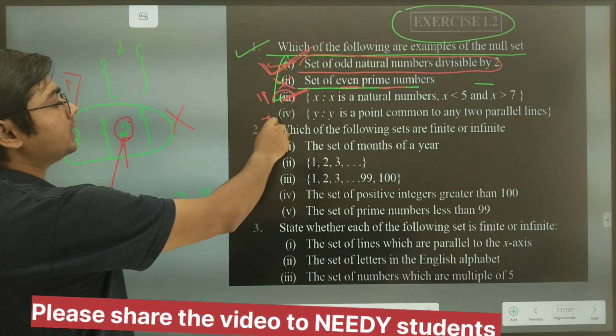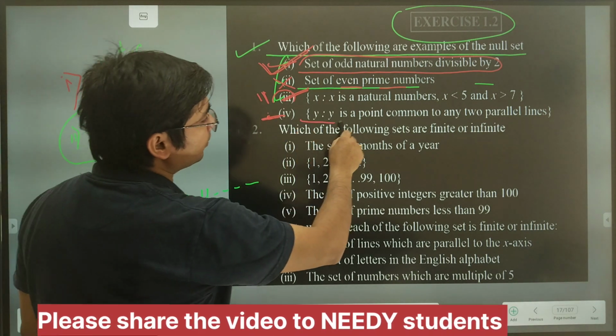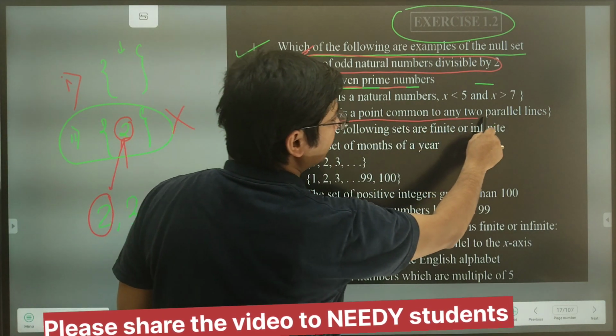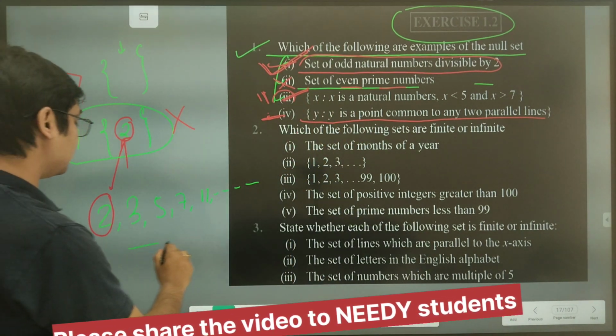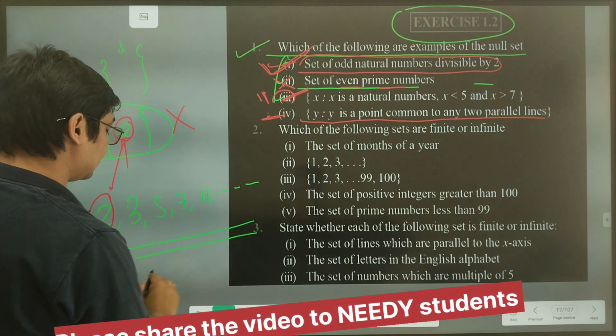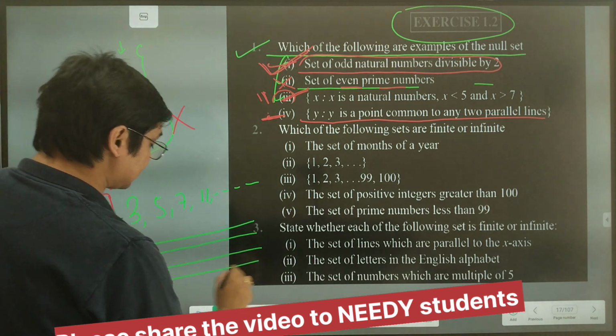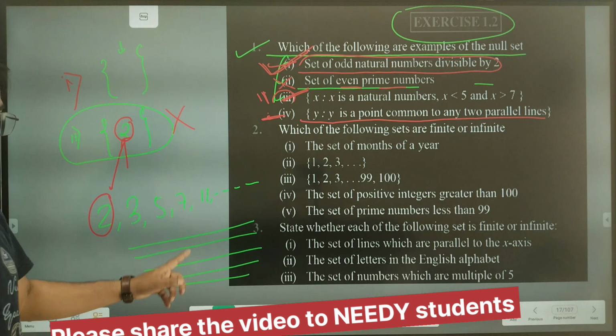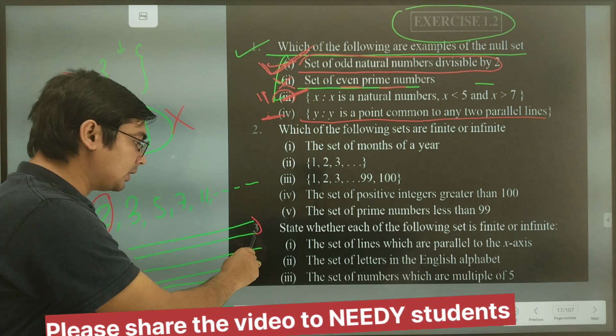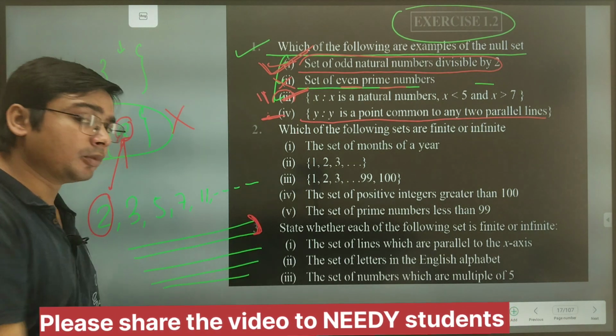Okay, now come to question number 4. Here y is a point common to any two parallel lines. If you draw any two parallel lines and observe, are there any common points? Suppose we consider these two lines, do they have any common point?